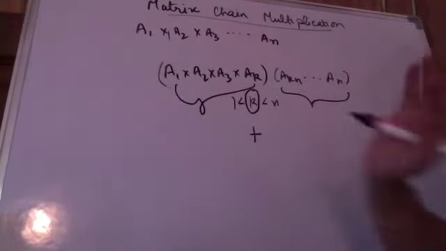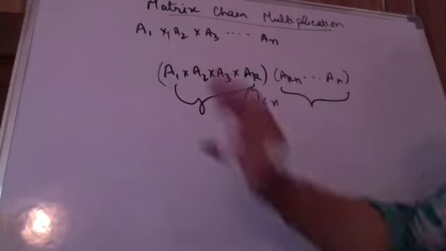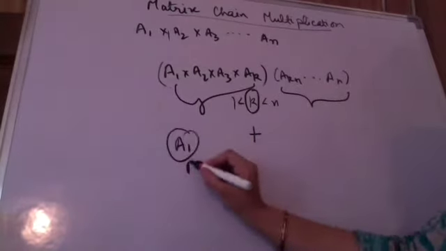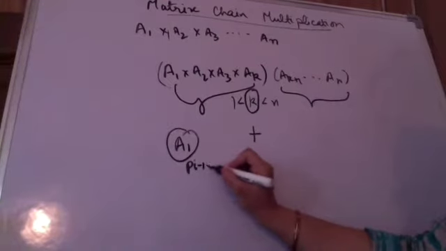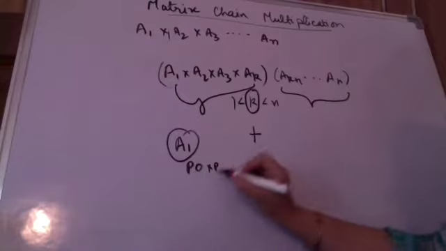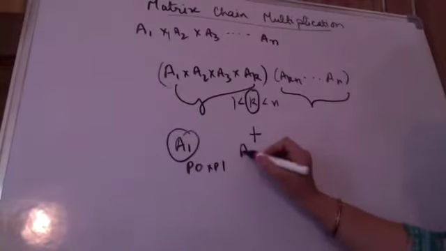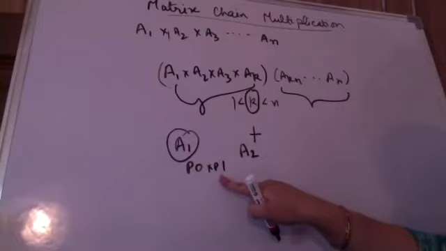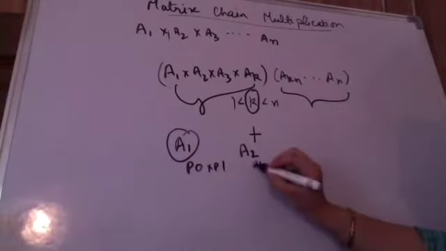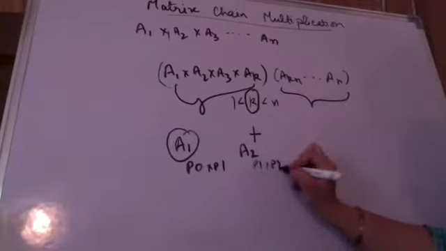Now, if I assume in terms technically that A1 is of the order P(i minus 1) into Pi, or this is of the order P0 into P1. A2 has to be of the order P1 because this order has to be the same so that multiplication can happen. So this is of the order P1 into P2.